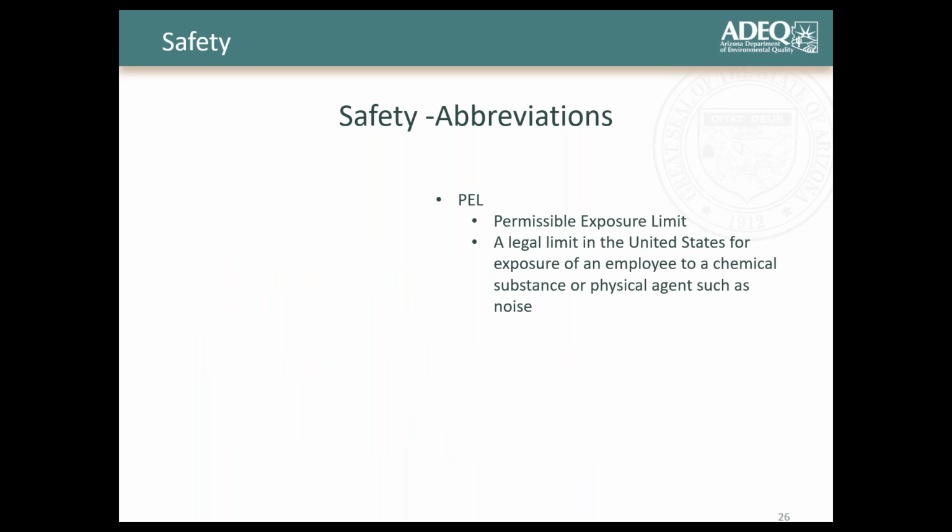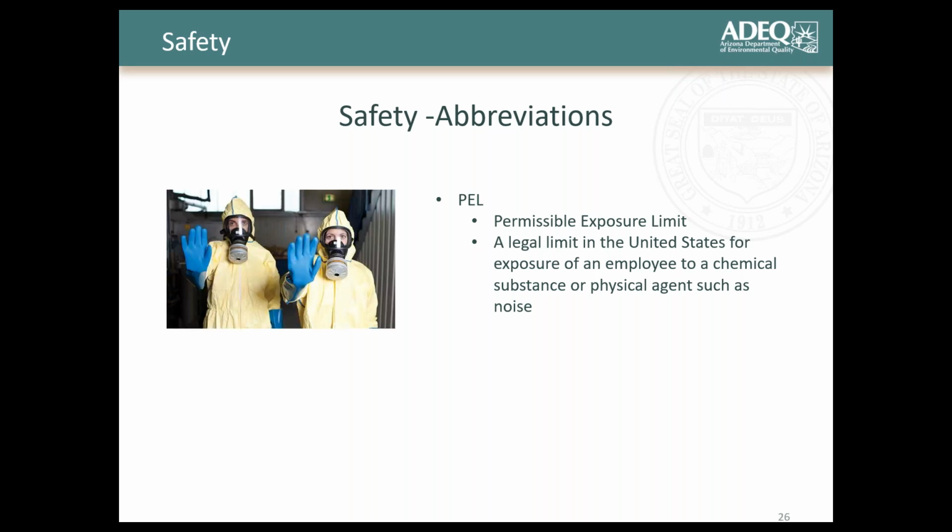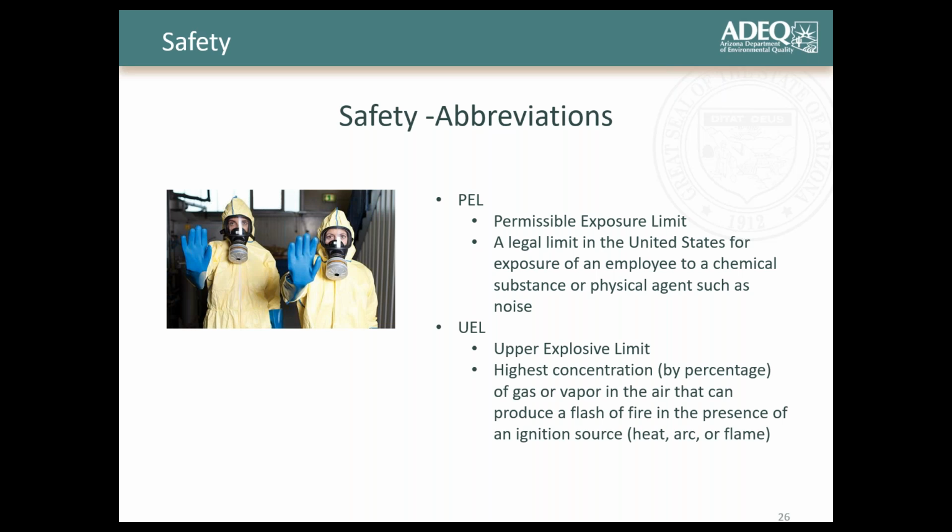So a couple more abbreviations. The permissible exposure limit, the PEL, is a legal limit in the United States for exposure of an employee to chemical substances or physical agents such as noise, right? And then the upper explosive limit is the highest concentration of gas or vapor that can produce a flash or fire. Now, I want you guys to keep in mind there are permissible exposure limits.